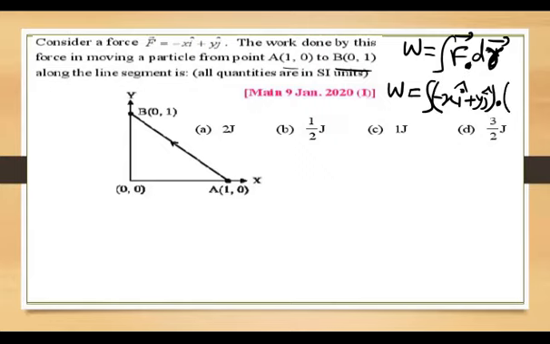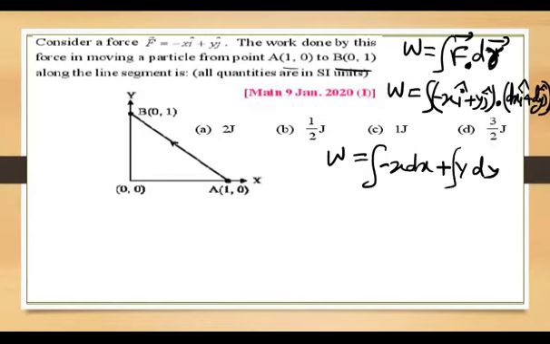So that dr can be written as dx i cap plus dy j cap. So if I perform the dot product, that will be minus x dx plus y dy.